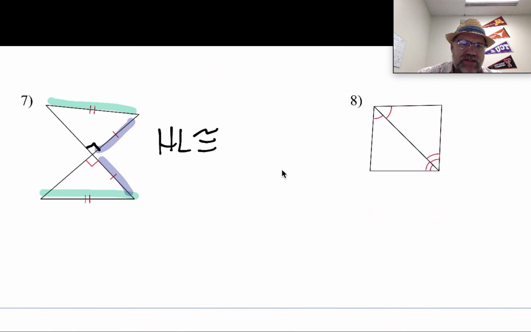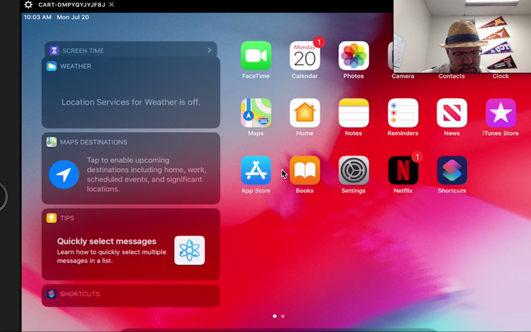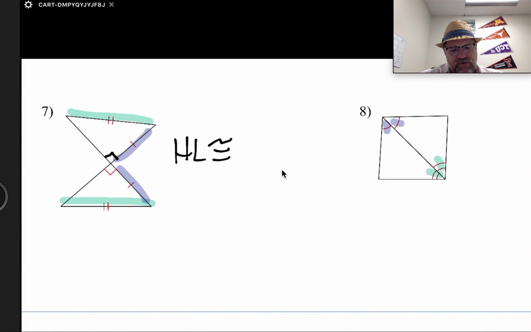Excellent. And I look at the last one and I see 2 triangles and I notice that, first, they have an angle in common. They have a second angle in common. And now if you notice that they also have a side in common.